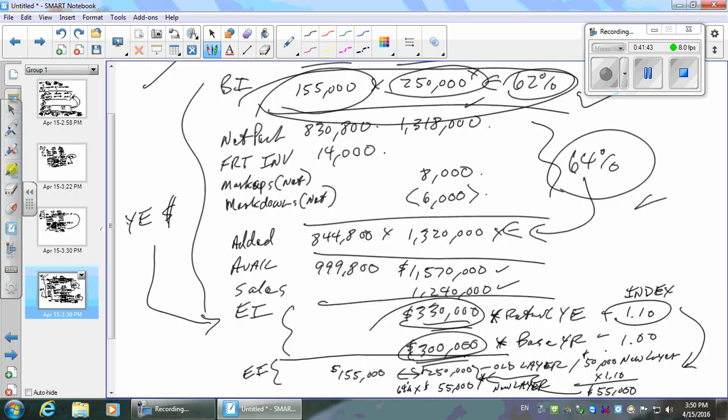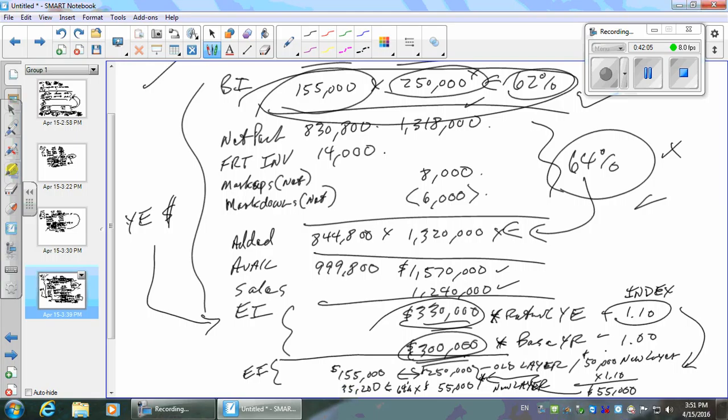The 55,000. If it's 55,000 ending dollars at retail, right? And it's because I bought them this year. And the cost of retail is 64% this year. What do you do? You take that 64% times 55, and what is it? 35,200.